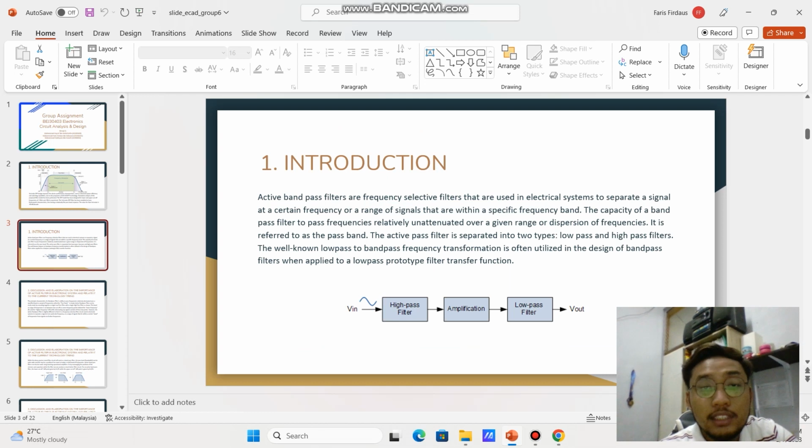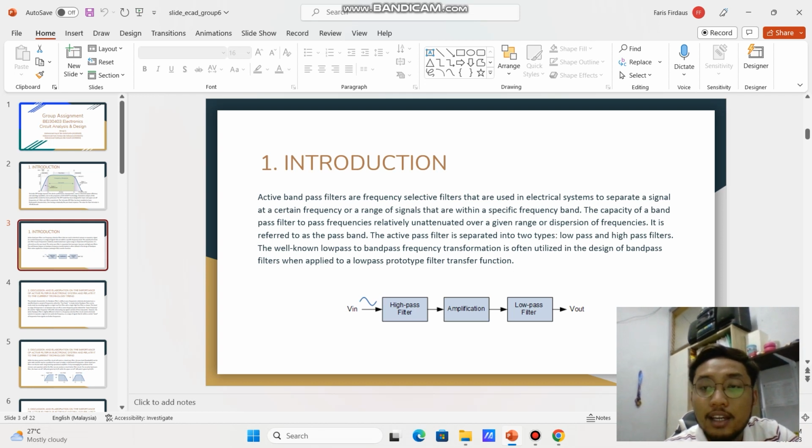Active bandpass filters are frequency selective filters that are used in electrical systems to separate a signal at a certain frequency, or a range of signals that are within a specific frequency band. The capacity of a band pass filter to pass frequencies relatively unattenuated over a given range of frequencies is referred to as the pass band.